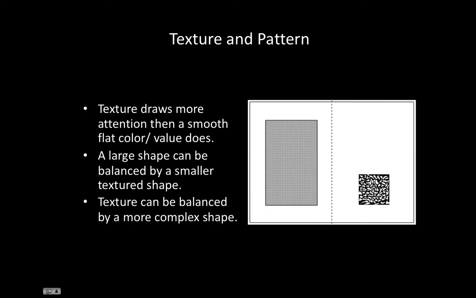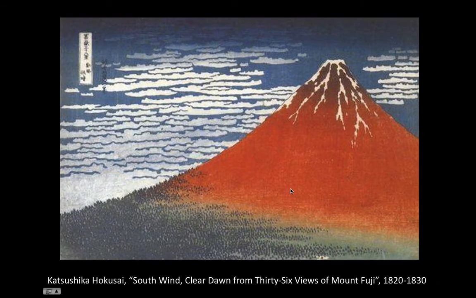All right, texture and pattern. Texture or pattern also take up more space, or visual weight. So right here, this texture is a lot heavier than this area right here. We can see that here. The volcano is flat and it doesn't take up much visual weight.